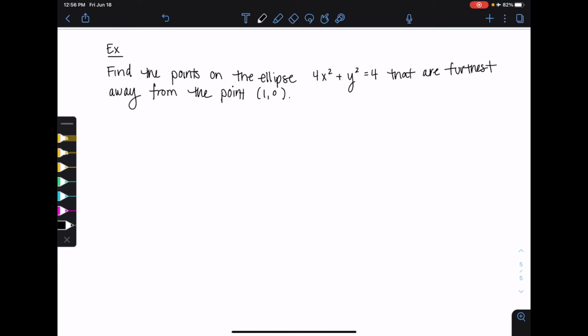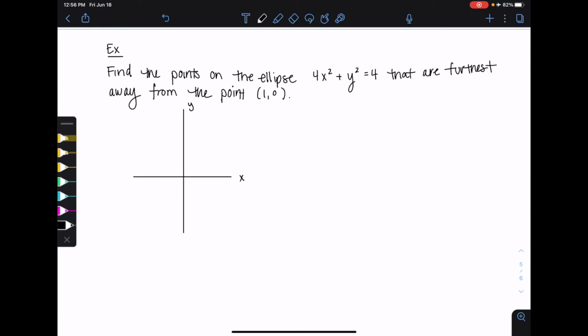We want to find the points on the ellipse, which is 4x squared plus y squared equals 4, that are furthest away from the point (1, 0). So before I even try to go about what we need to do, let's draw this ellipse so we can get an idea of what's going on.